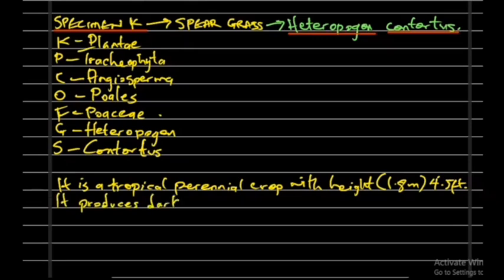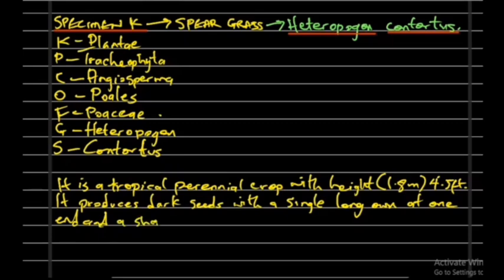It produces dark seeds with a single long horn at one end, and a sharp spike. These are some of the things that you can see about this plant.